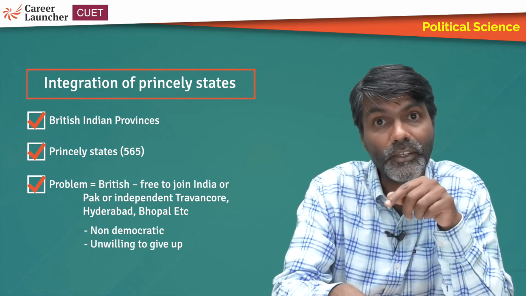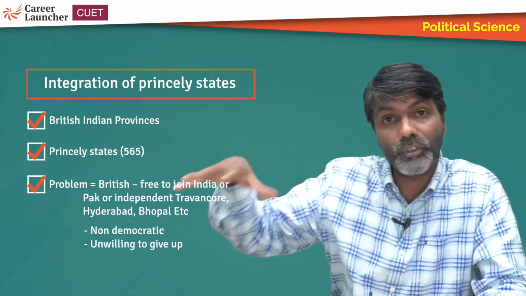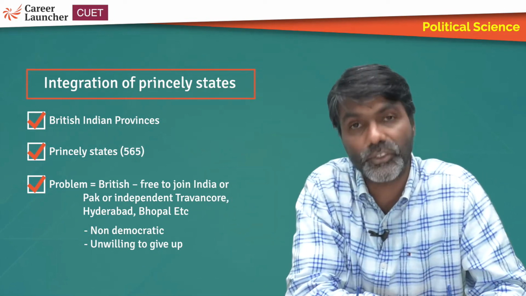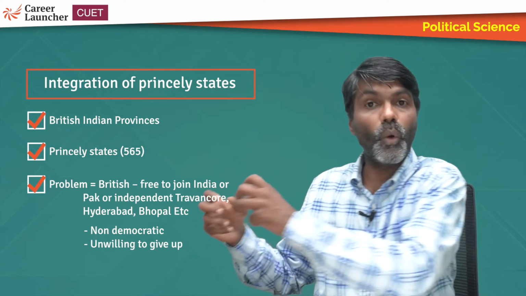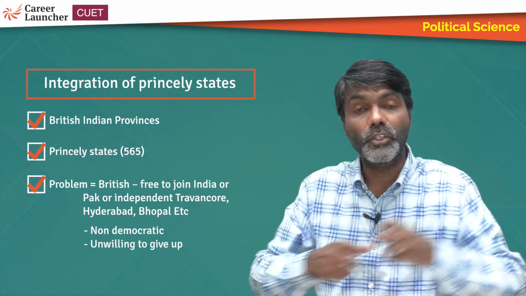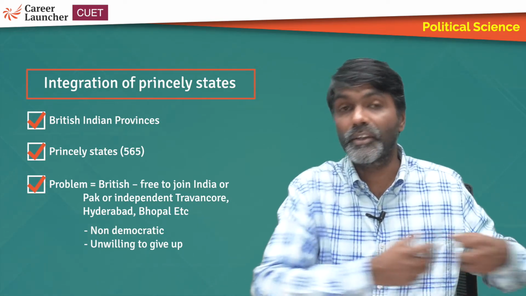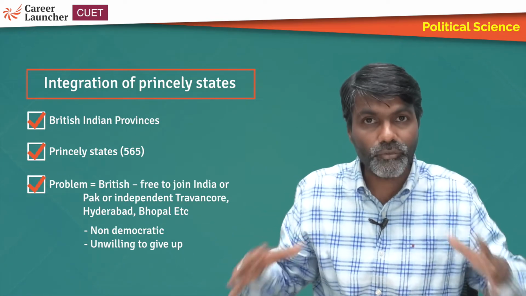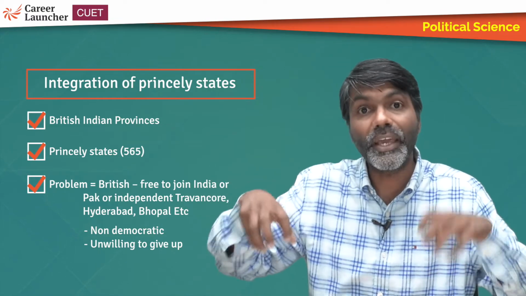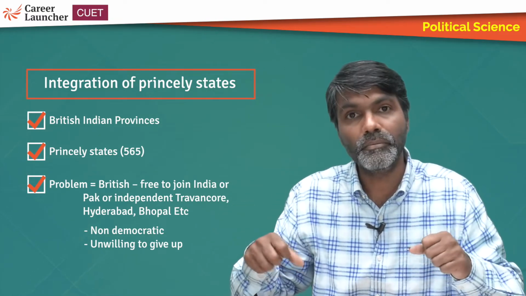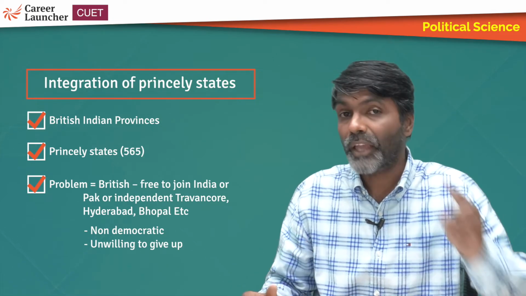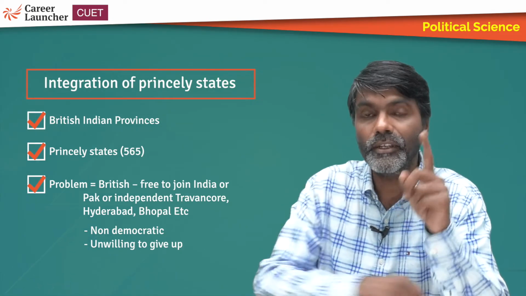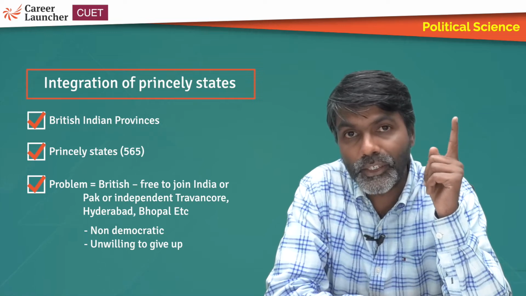In addition to that, there were some provinces which were directly ruled by the British. A prince like Gwalior, Hyderabad, Junagadh, Baroda, Travancore, many of these were ruled by a king or a prince or a nizam, and he had absolute authority over his people, as long as he said the Queen of England is my boss.